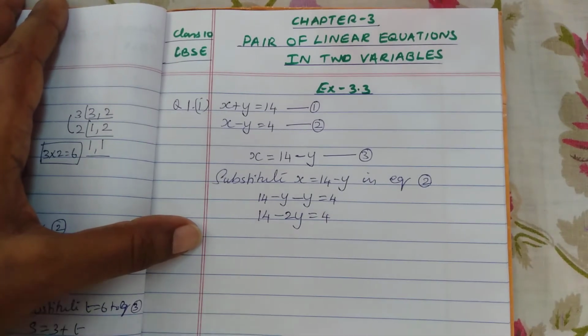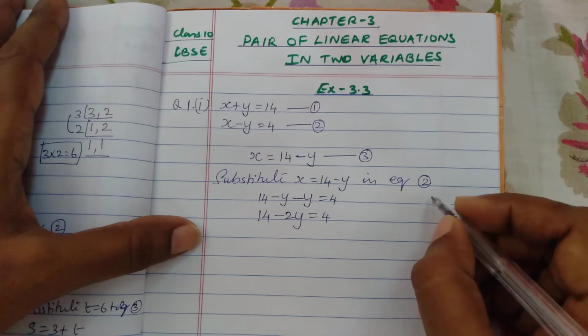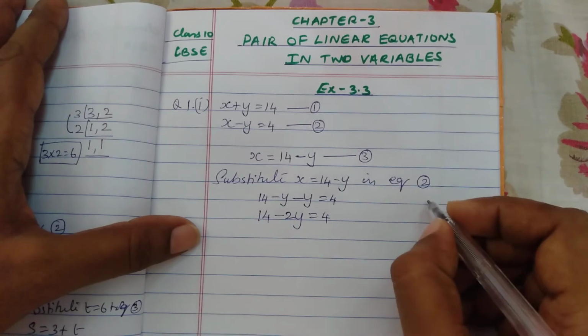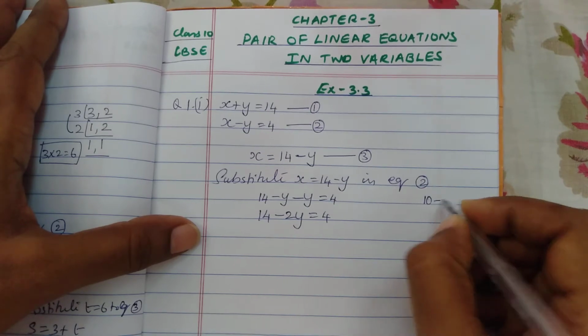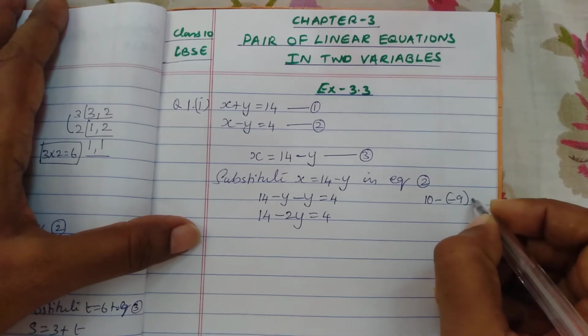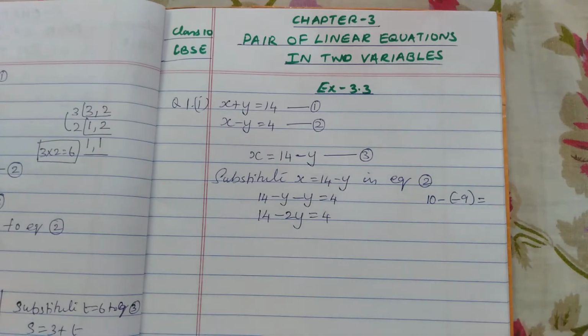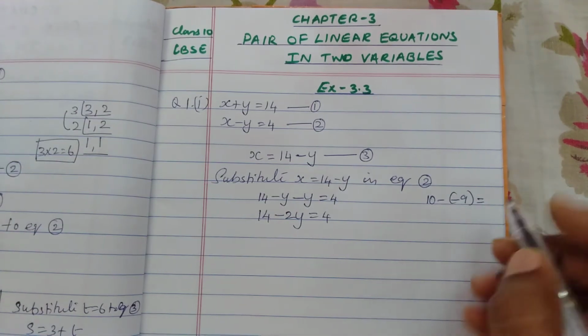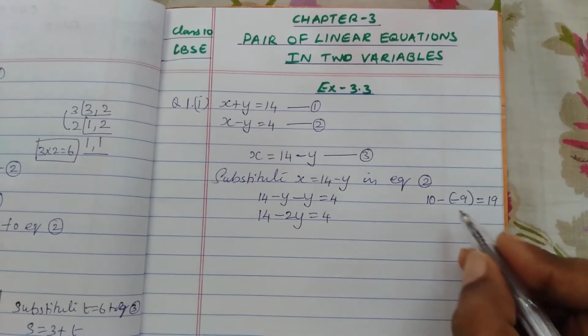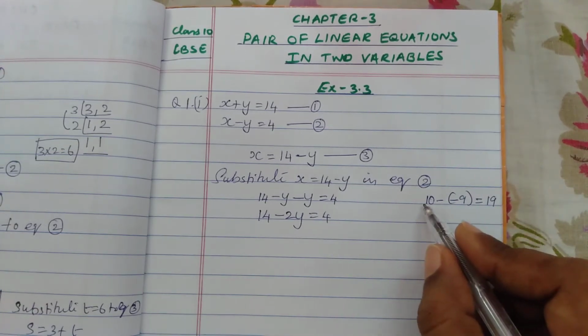You know why? See, suppose I have a set of numbers like this, 10 minus 9 is equal to, what will you do? Here minus and minus is plus, so 10 plus 9 is 19. Which sign will you take?